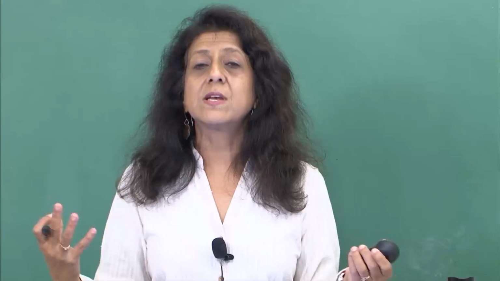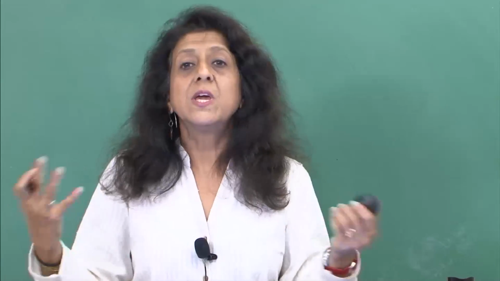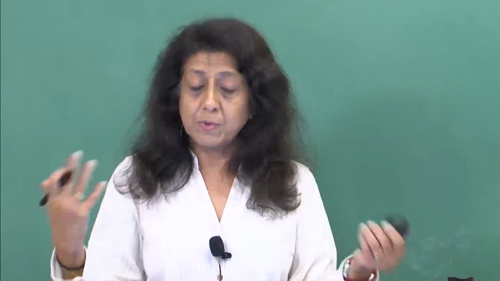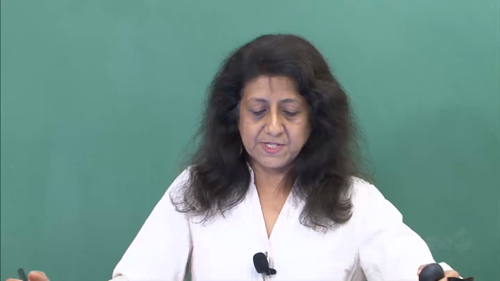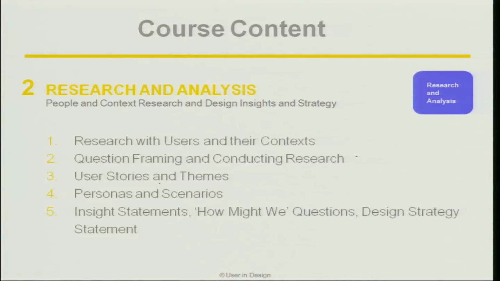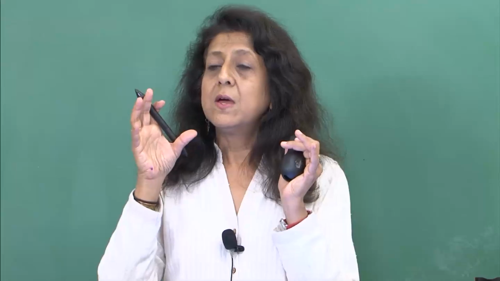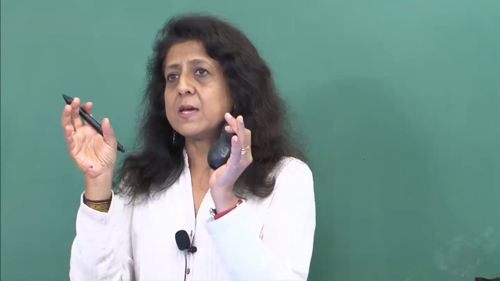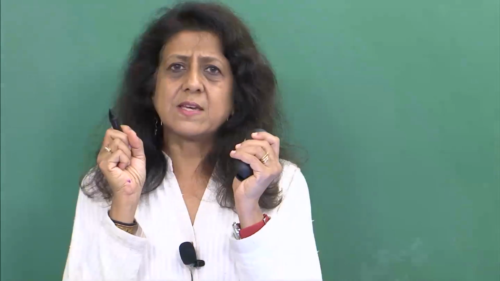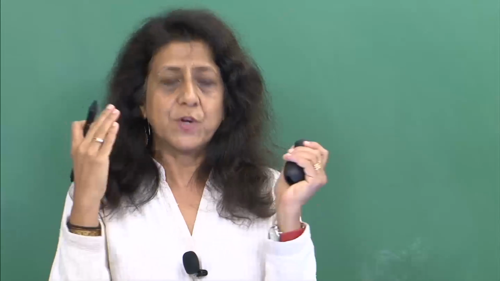How are they currently doing what it is that we are looking to maybe redesign or design for the first time? And what are their stories? And what are the themes that are coming out of those stories? When we come up with multiple stories, then we try and understand what is it that is a theme? What is the theme for design?